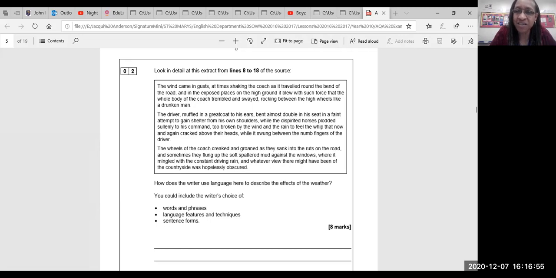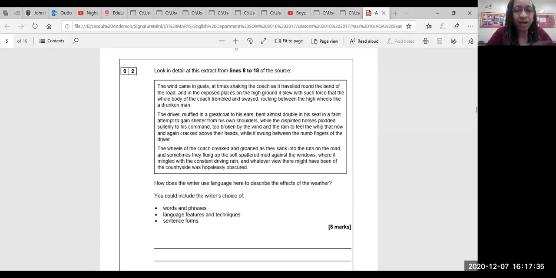Have you identified an adjective? Have you identified a verb? Have you identified a simile or a metaphor? What have you identified in the quotation that you have chosen? Now, even if it's just a particular word, you can always identify that. So I'm going to ask you to stop the video now and see if you can identify that particular word.